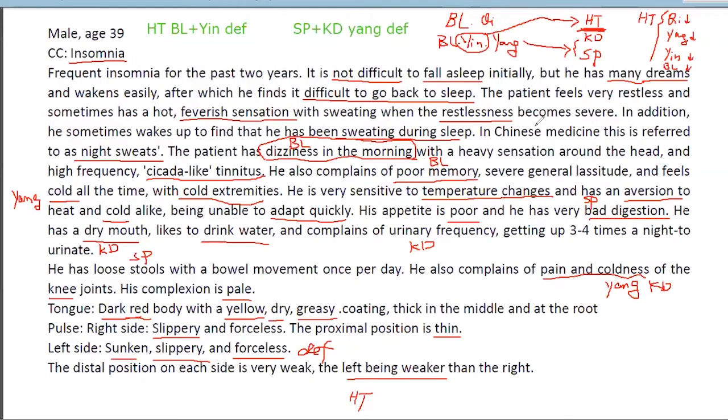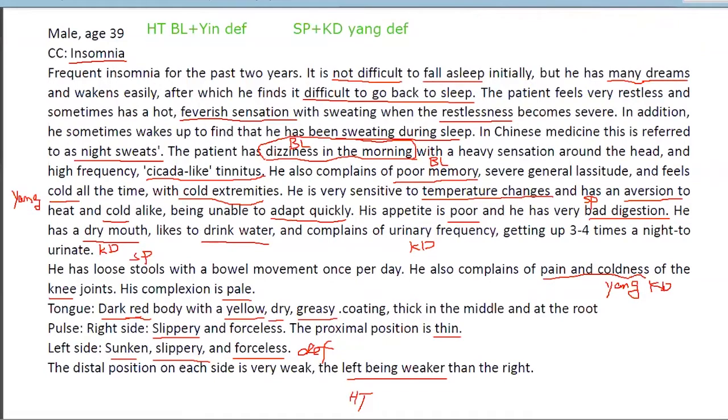Okay, so treatment principle. Warming and tonifying spleen and kidney yang, yes.